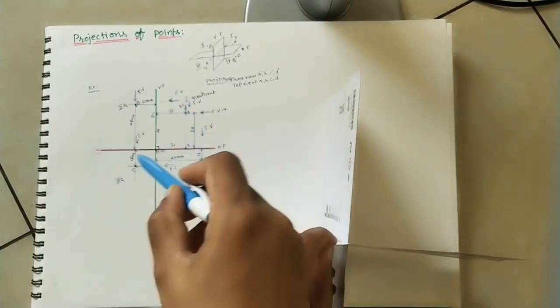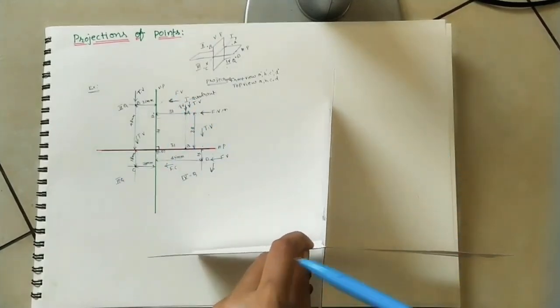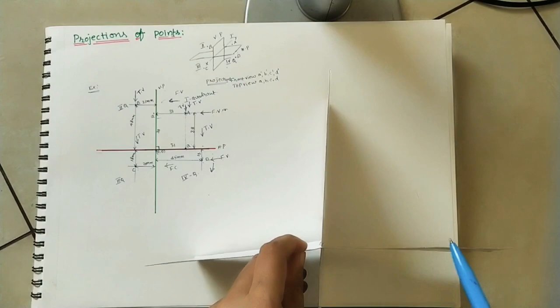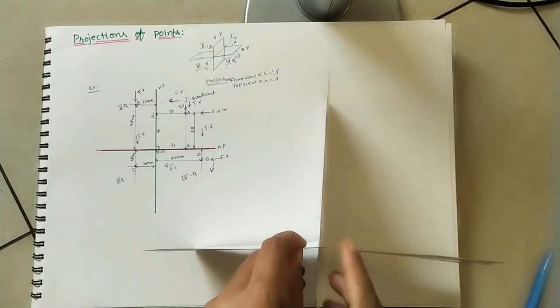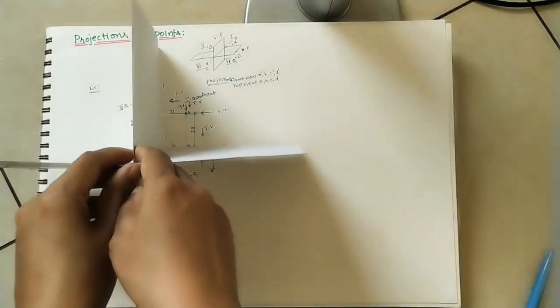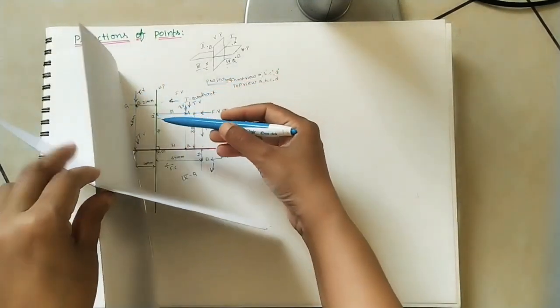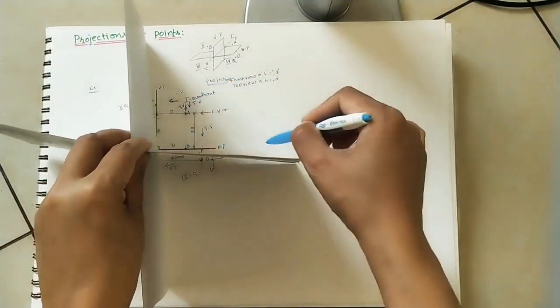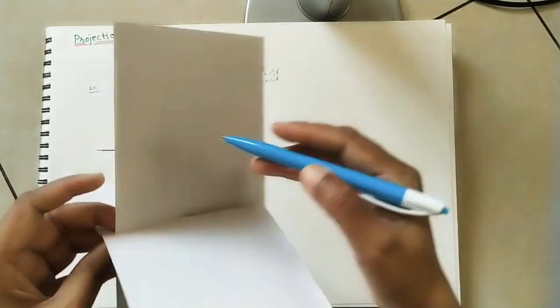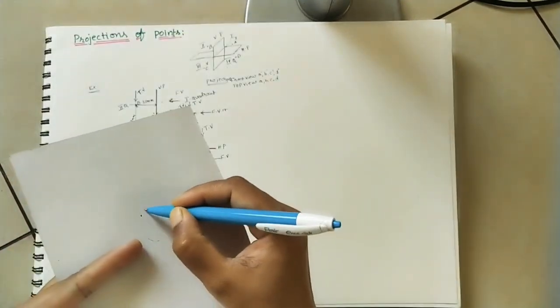Here I am showing the vertical plane and horizontal plane in the given model. This is the horizontal plane, this is the vertical plane. As I told, the front view comes here, that is a dash, and the top view comes on this plane. Let us take this as some a dash.